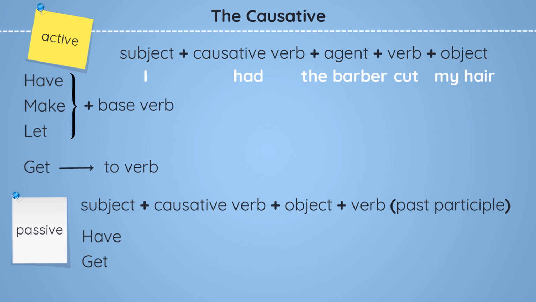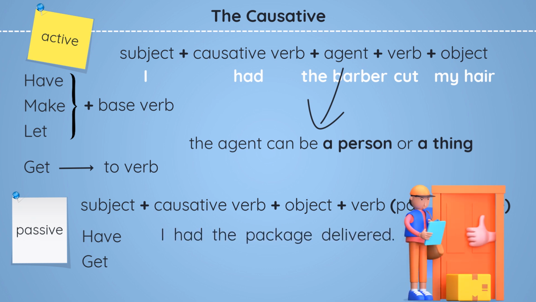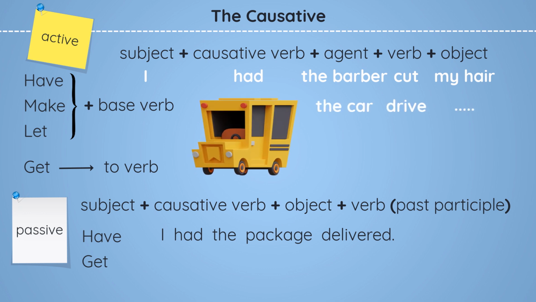Okay? The main thing to remember is that the agent can be a person or a thing. Okay? I had, well, we'll talk about that in the passive. I had the package delivered. That's object still. I had the car drive to somewhere else. It's a little bit strange if you have an automatic car.